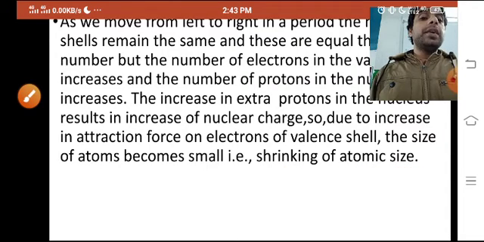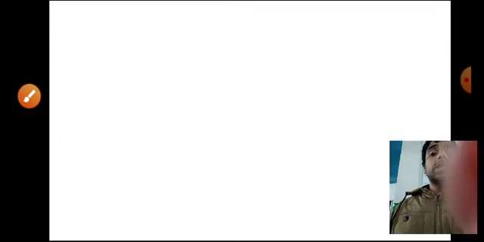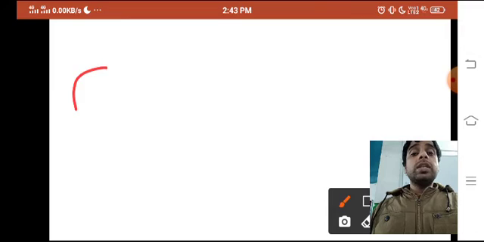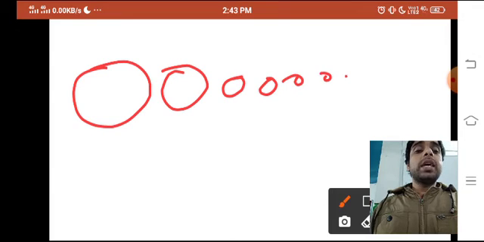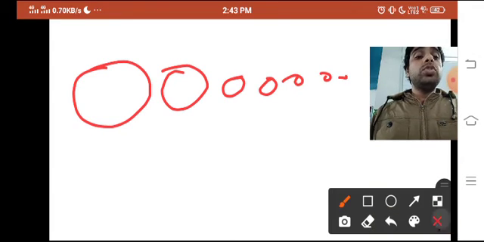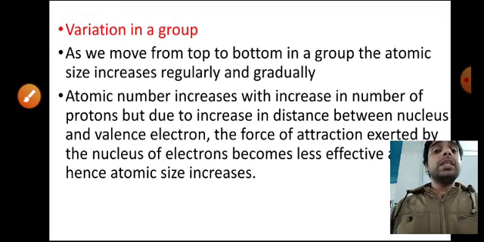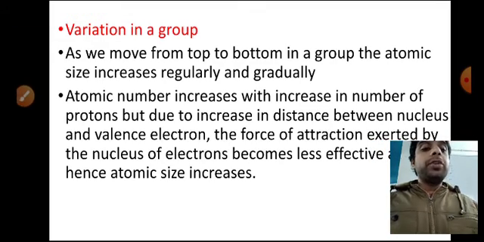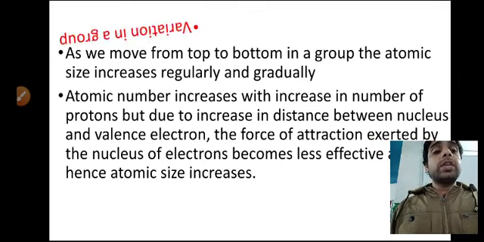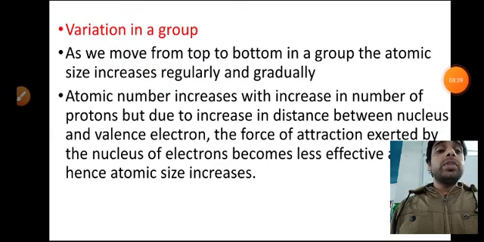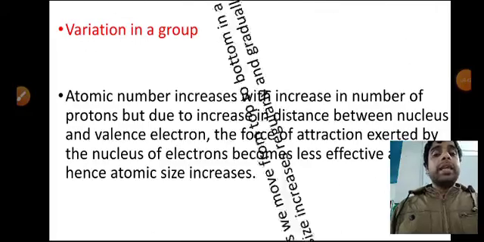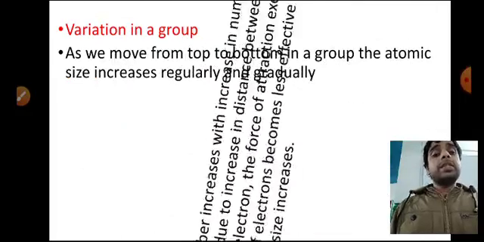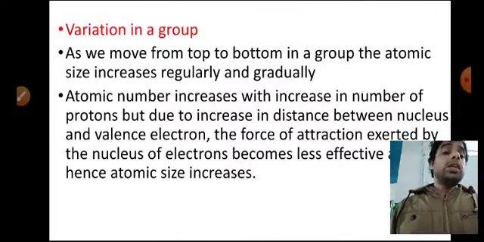So if I draw the structure of Na, it is slightly bigger, then magnesium, then it is actually decreasing like that, because of the nuclear charge which is increasing as the number of protons increases, so the force of attraction between positive and negative charges will increase, and hence the electrons come towards the nucleus.